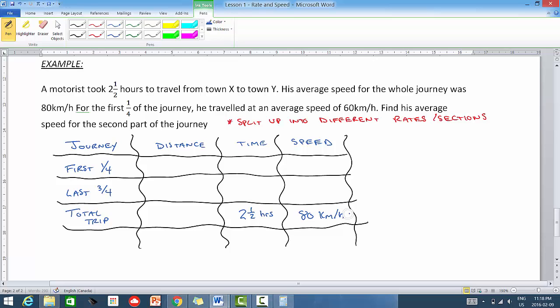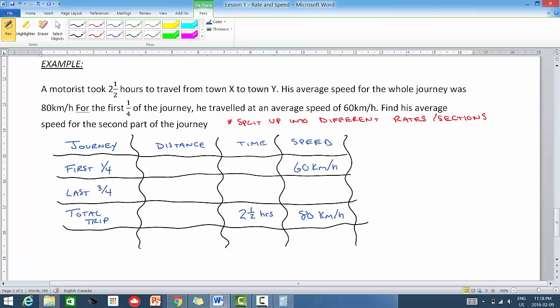For the first quarter of the journey, he traveled at an average speed of 60 kilometers an hour. So in the first quarter, he went 60 kilometers an hour.